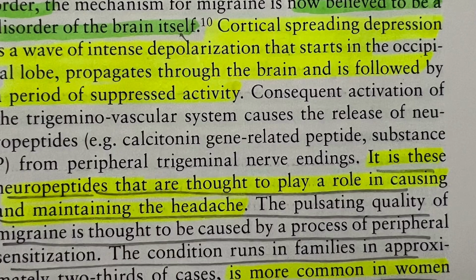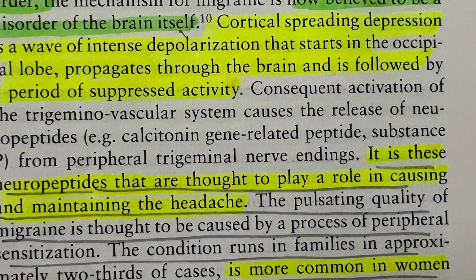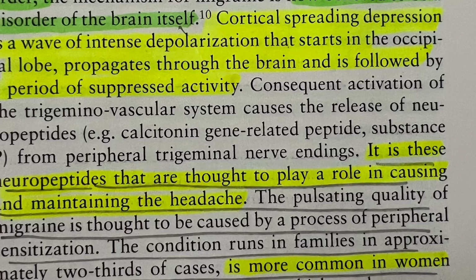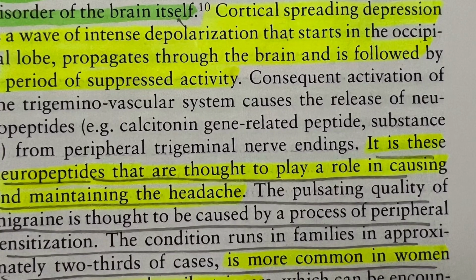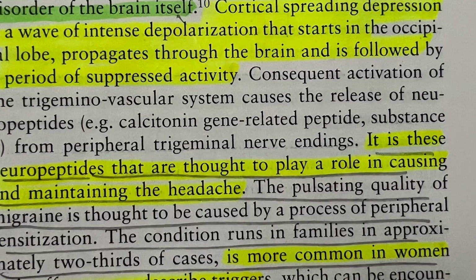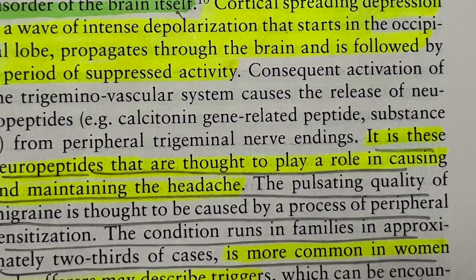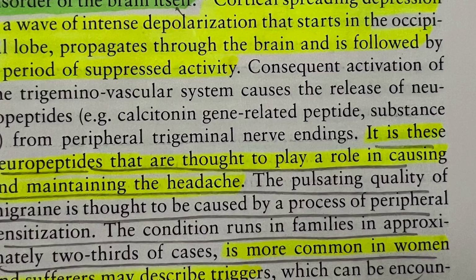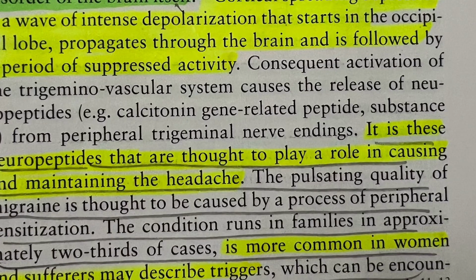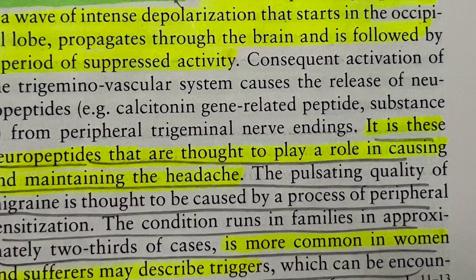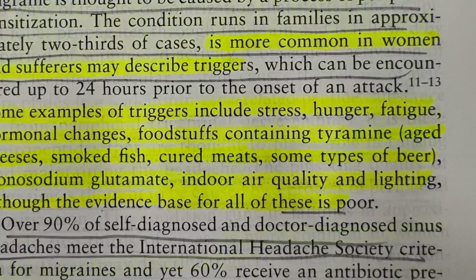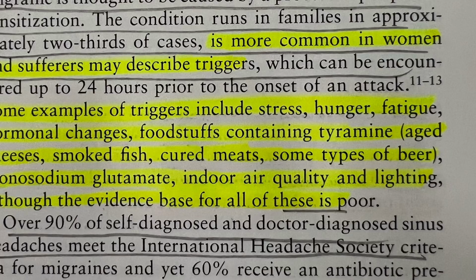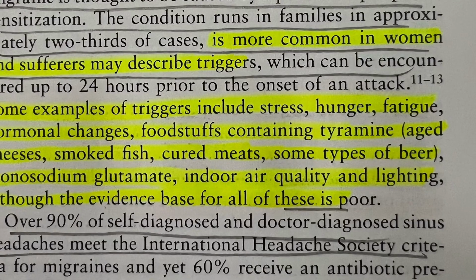That wave of depolarization starts in the occipital lobe, propagates through the brain, and is followed by suppressed activity of the brain. Subsequent activation of the trigeminovascular system causes the release of neuropeptides like calcitonin gene-related peptide and substance P at the peripheral trigeminal nerve endings. These neuropeptides are thought to play a role in causing and maintaining the headache.